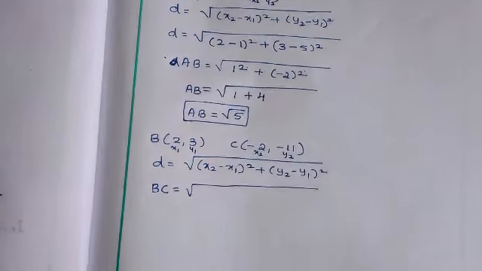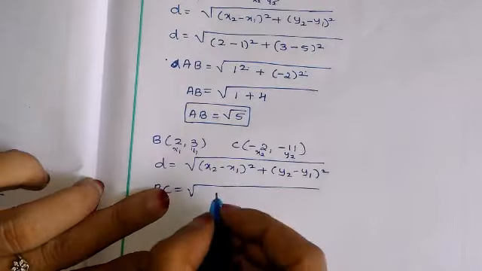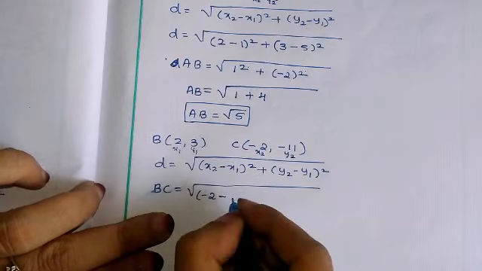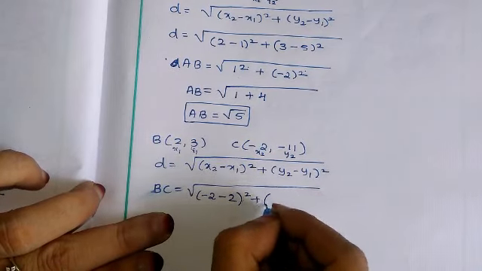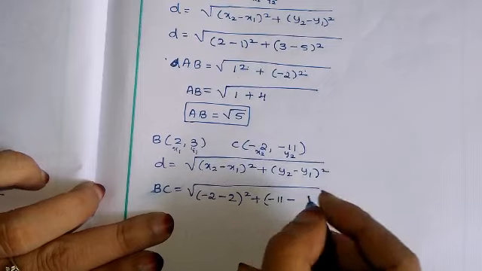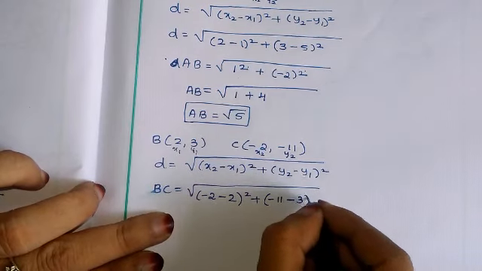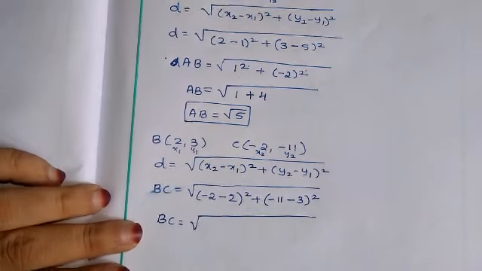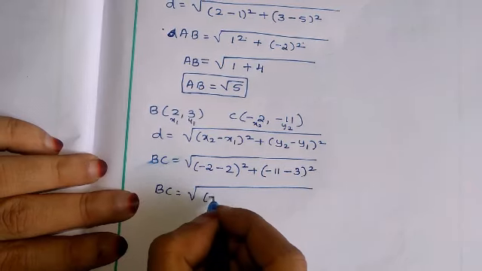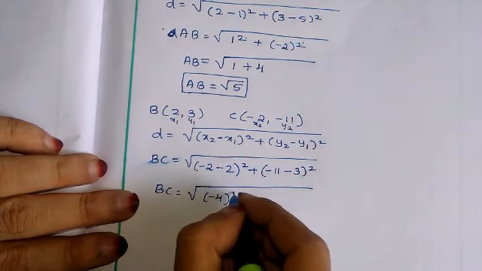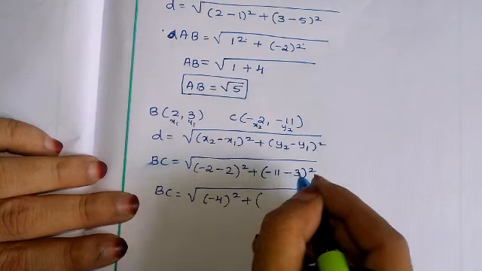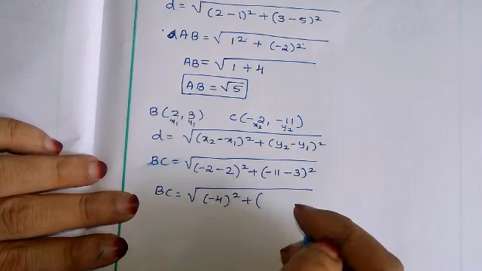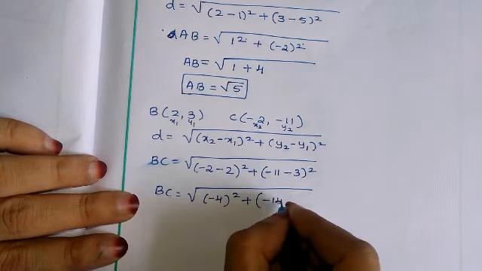So what we have to do now: x2 minus 2, this is the formula, minus x1 2 whole square plus y2 minus 11 minus y1 3 whole square. BC is equal to root of, minus minus is plus but the sign will be minus, minus 2 is minus 4 whole square. Again minus minus is plus, 11 plus 3 is 14, minus 14 whole square.